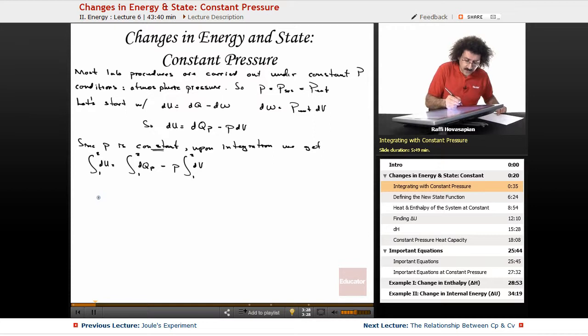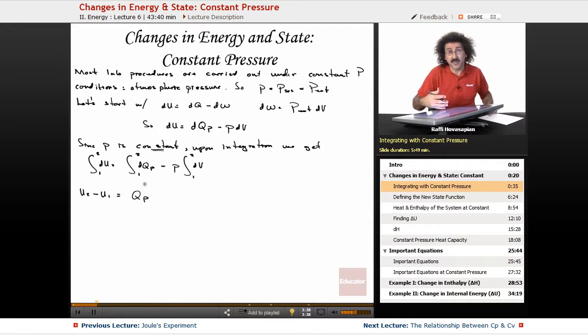U is a state function, so this becomes U2 minus U1. This is a path function, so it just becomes q sub P, the heat withdrawn from a system at constant pressure. And this is minus P times, well, volume is a state function, so V2 minus V1.